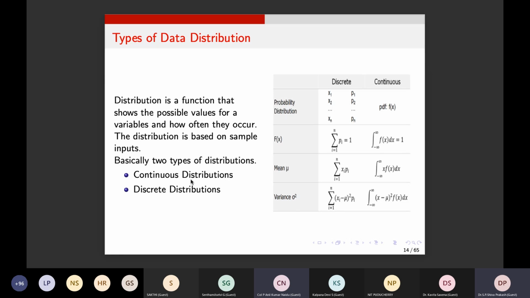Under this you have a probability distribution. If you look into this, there are both discrete as well as continuous, where we treat it as a function of x. And while calculating these distributions, we use the basic terminology like mean and variance, which will be calculated.